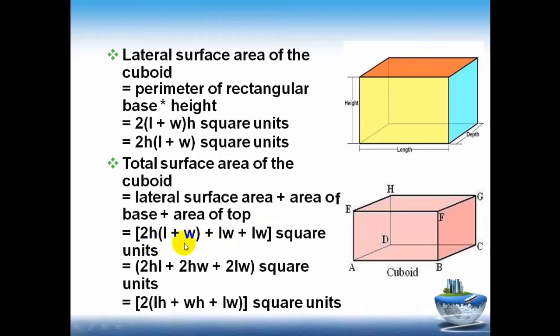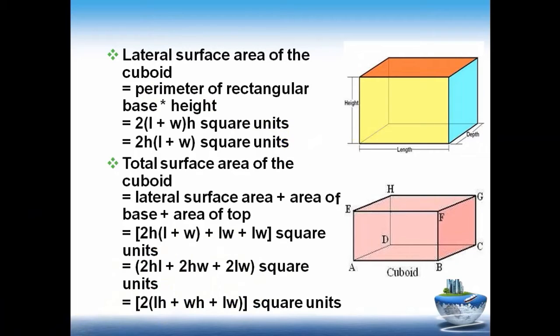Now this can be written as 2 multiplied by h multiplied by l, 2 multiplied by height multiplied by width, plus 2 into length multiplied by width square units. Simply taking 2 common, this formula is 2 into (lh plus wh plus lw) square units. So dear students, this is a cuboid, a geometrical 3D shape.